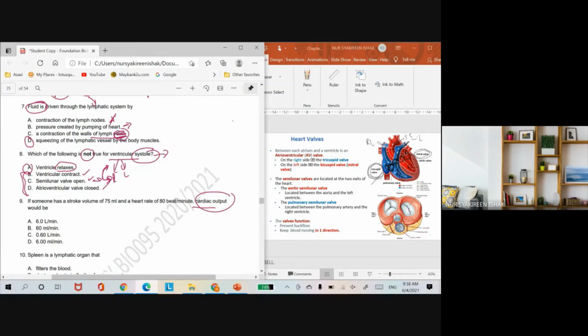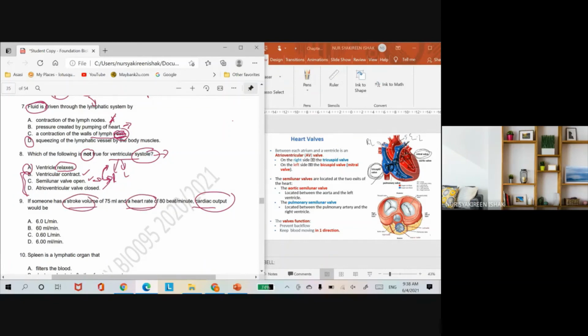Cardiac output is the amount of blood pumped by your heart in 1 minute. In order to get how much blood is pumped out by your heart, you have to multiply these two factors together, which is stroke volume times heart rate.